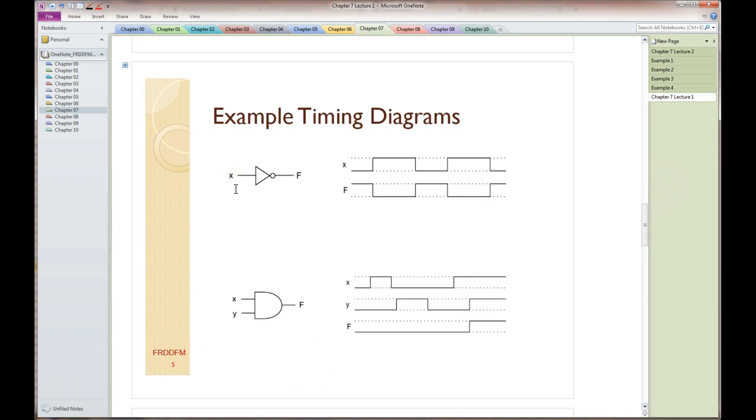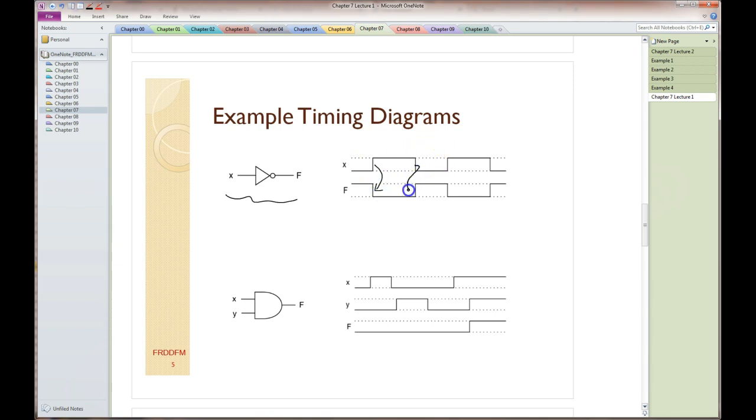So these are two example timing diagrams related to circuits that we've worked with already. So this of course is an inverter. The output of an inverter is the opposite of the input. So you can see it here when this input, which is X, goes high, the output goes low.